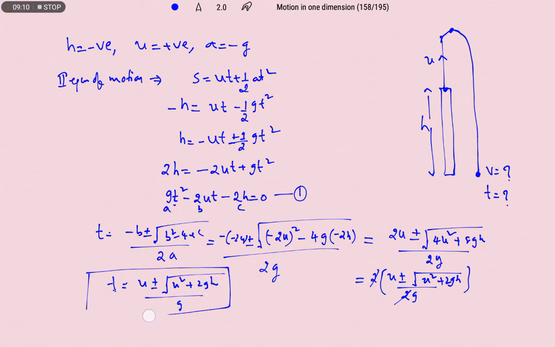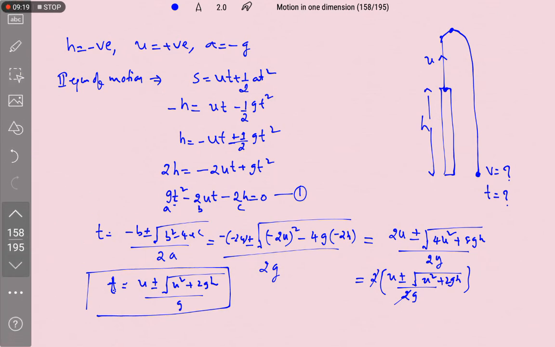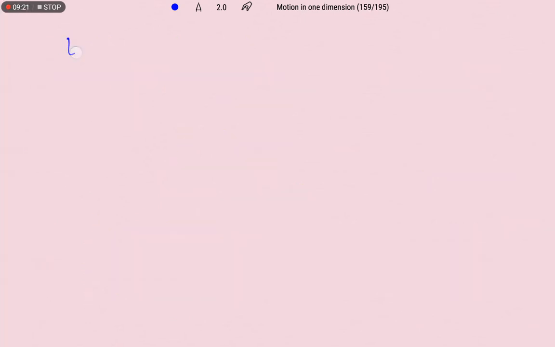Generally we take the time with the positive sign, so we write this expression with the positive sign only. With the positive sign we get t equals u plus under root of u square plus 2gh by g.